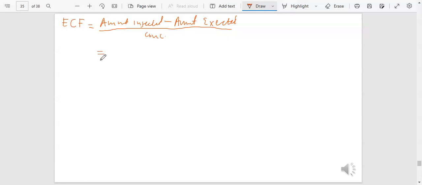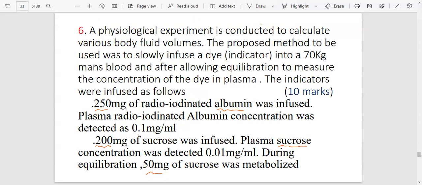So the amount which was injected, from what we have been given, let me just refer to it again. 250 mL of radioiodinated albumin was infused.